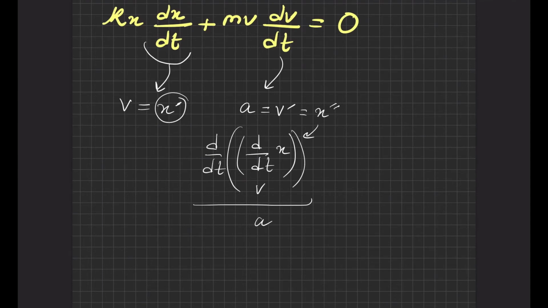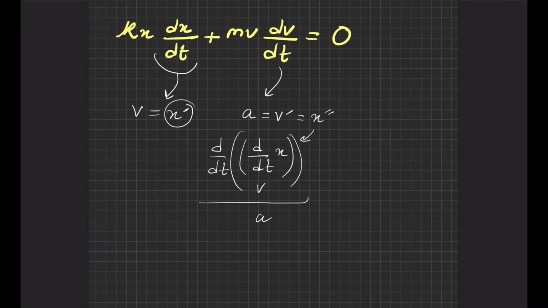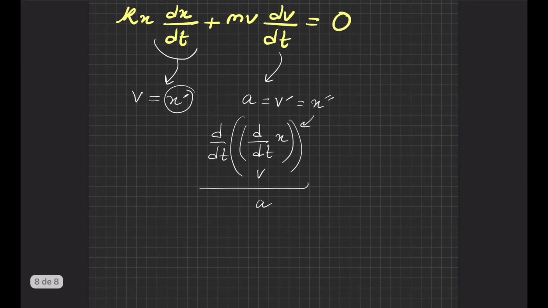So we're going now to plug in our different way of writing things. kx and dx/dt, we're going to write as x prime, plus m dv/dt is x double prime, and v, we knew that v is x prime, so we can write it as x prime.